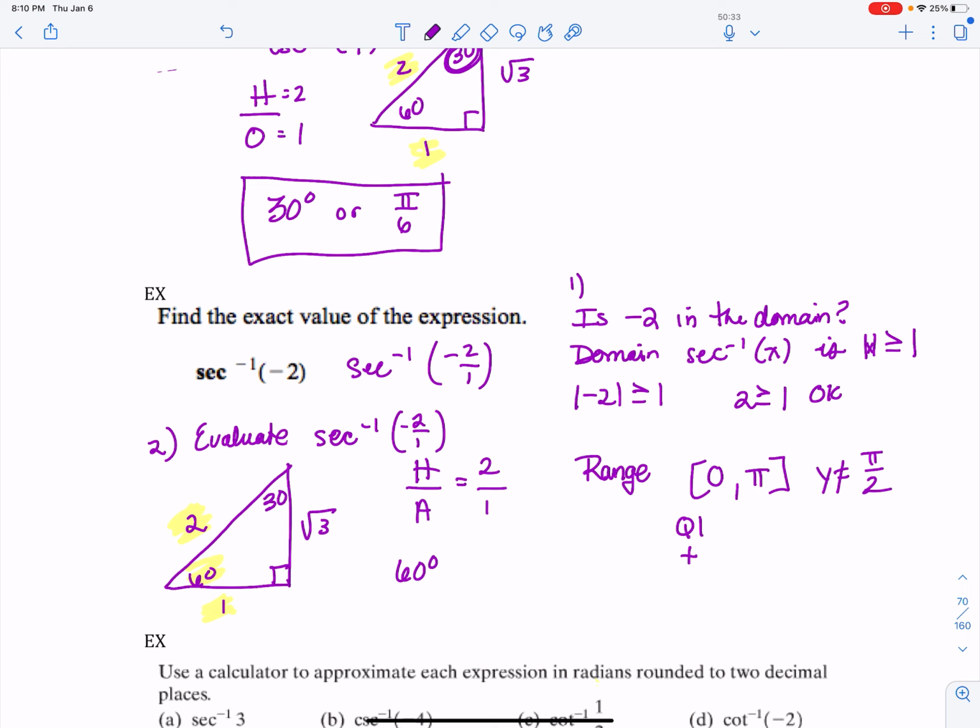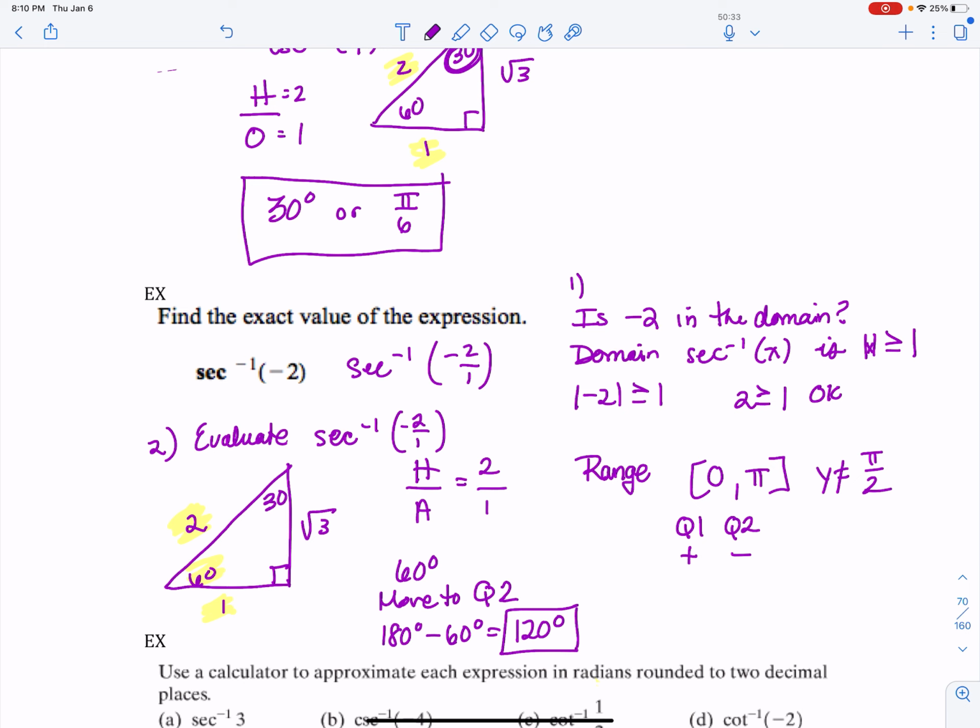But remember, our value is negative, so I need to have a quadrant 2 value. So I have to move 60 degrees to quadrant 2. And to do that, I take 180 degrees and I subtract off 60, which gives me 120 degrees. And this is my answer.